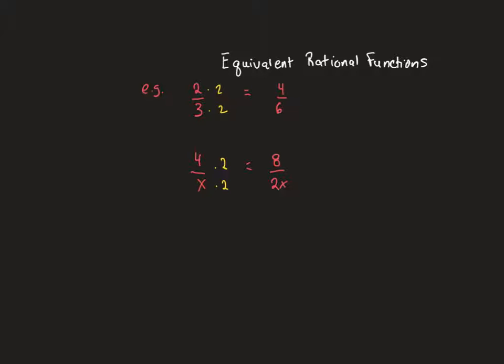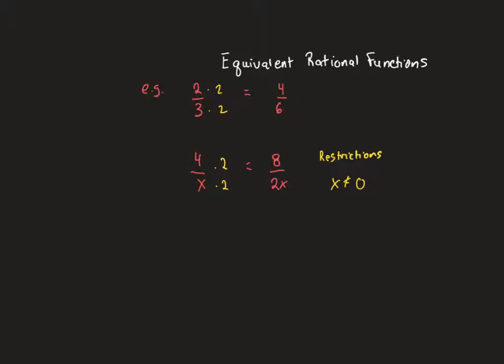Now, obviously, you have to always remember that when we're talking about rationals, your bottom can never equal 0, so you have to have restrictions every time you talk about them. So my restrictions, in this case, is x cannot equal 0. Because if x was 0, then I'd have 2 times 0 on the bottom, which is 0, and then I'd have 8 divided by 0, which can't happen. All right?